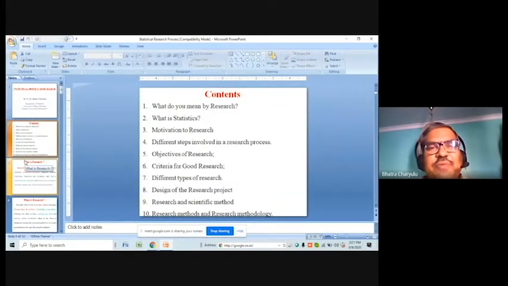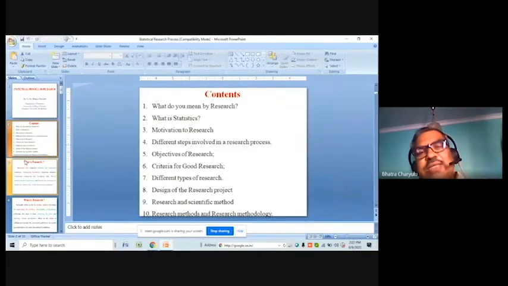Now I'm focusing on the initial parts, which most of you already know, because you spend more time on research, as most of you are faculty members. So what do you mean by research, and what is statistics? You can compare the definitions of research and statistics and how these two are related, the motivation for research, and the various steps involved in the research process, which indicate a statistical process.